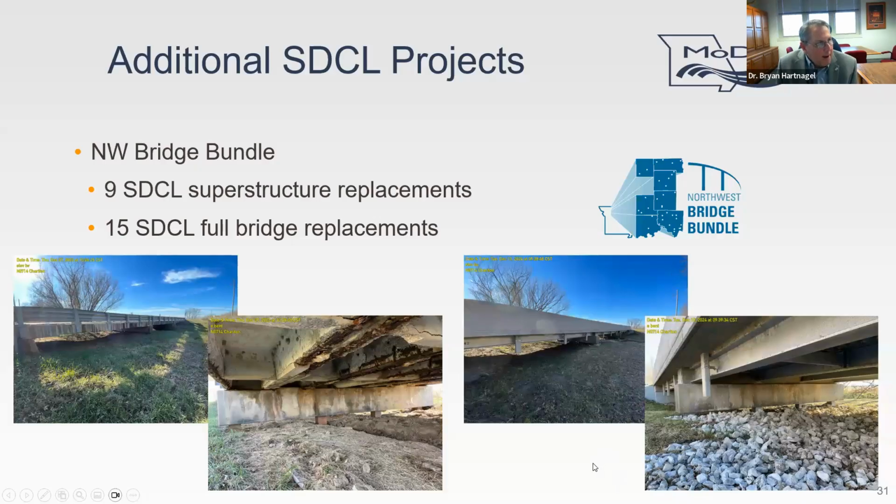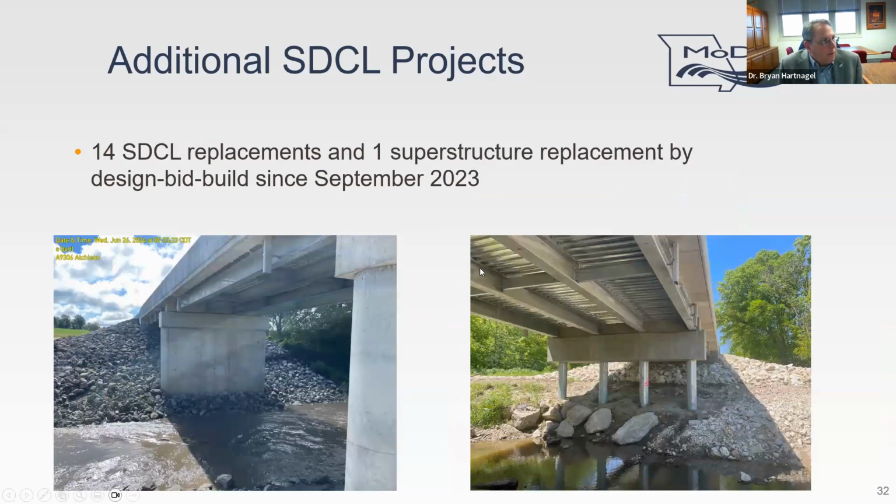As you can see, 24 more Simple for Dead, Continuous for Live, in addition to the 25 we had before. We've done 14 Simple for Dead and one complete replacement and one superstructure replacement by design-bid-build. So this is kind of in our lexicon now, where we do this where it makes sense.